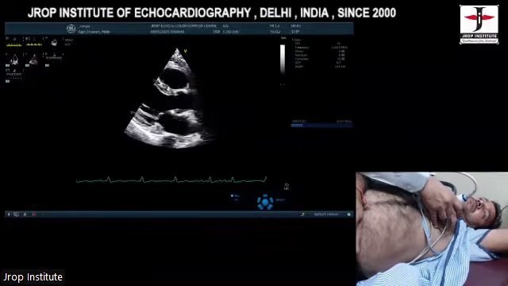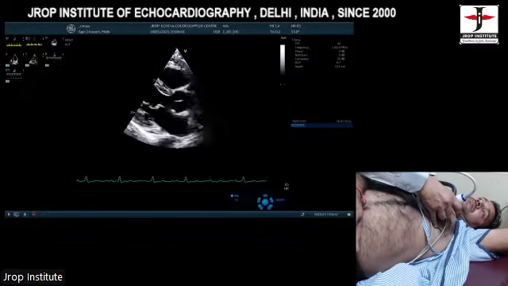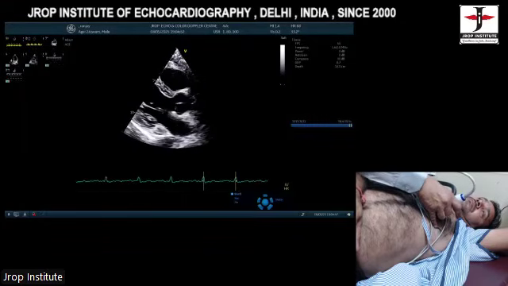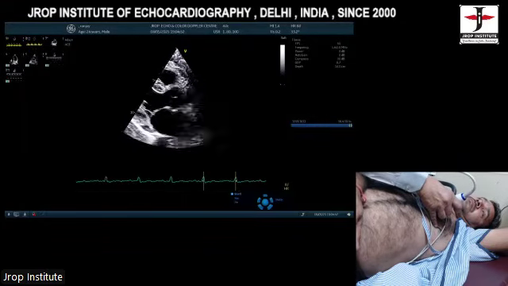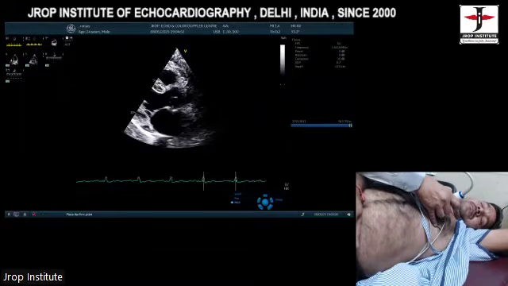Now the aortic valve is right in the center of the screen. Correct? This is the aortic valve. And this is where you should measure your LA size. 33.